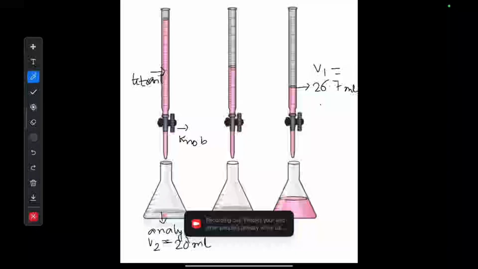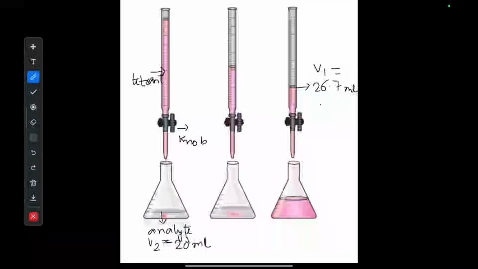Now see, this is the diagram. Whenever you do a titration, whether it is non-redox or redox, you need to use this kind of setup. You use a conical flask, and in the conical flask we take the analyte whose concentration is unknown.